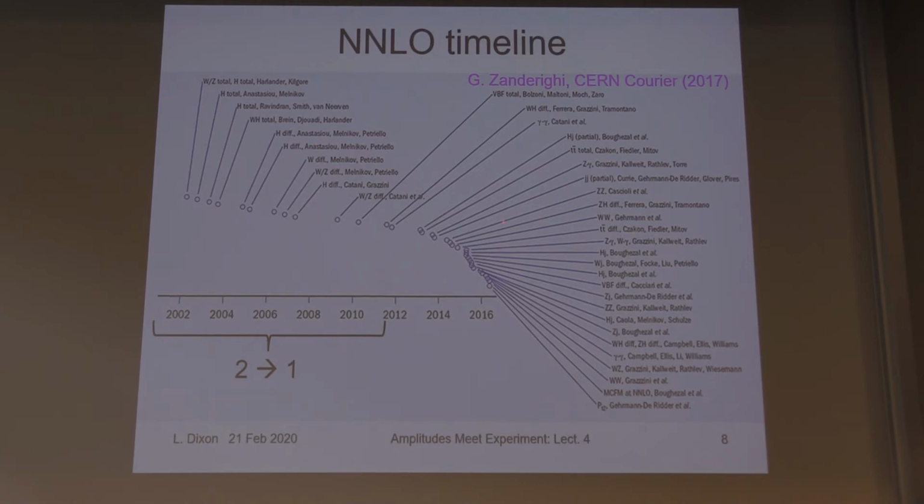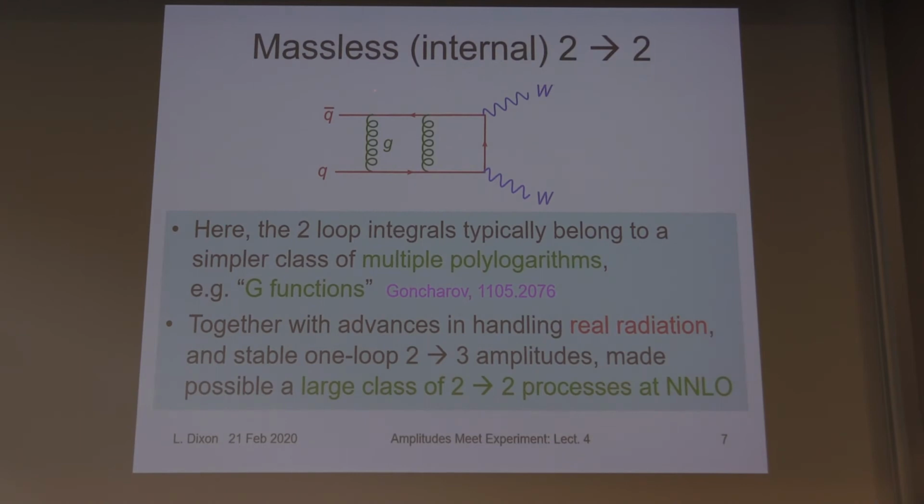But then over here, you started to get to two-body processes like diphoton, Higgs plus jet, the t t-bar process I mentioned earlier, Z plus photon, jet-jet, ZZ, WW, et cetera, et cetera. So all this was sort of made possible by alleviating a bottleneck in these 2 goes to 2 virtual integrals.